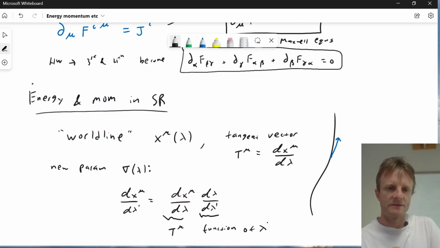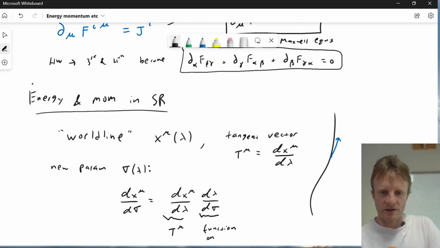Sorry to make you erase if you're copying down, but that'll be better in the long run. So dx mu d sigma is equal to dx mu d lambda times d lambda d sigma. So this is some function of sigma or lambda. It doesn't really matter. It's a function on the curve. So you can rescale the tangent vector freely at every point on the curve.